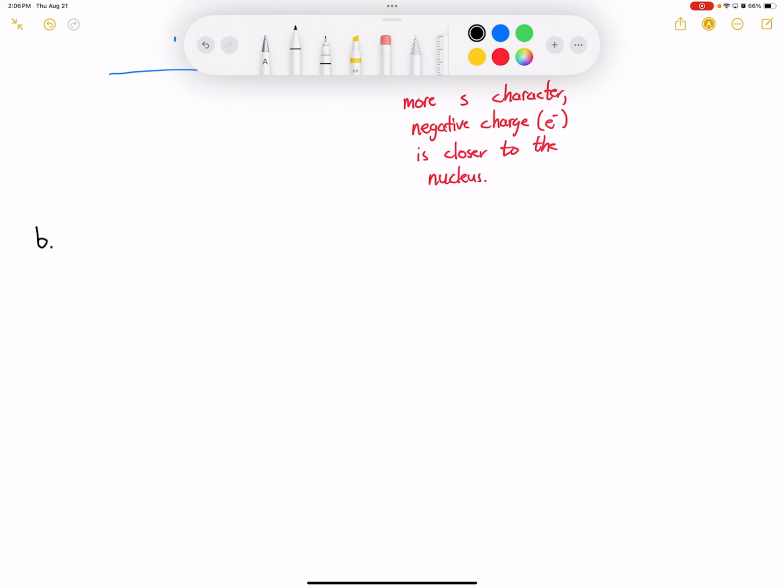All right, polarizability. So this is the size of the conjugate base. Let's look at a series of acids here.